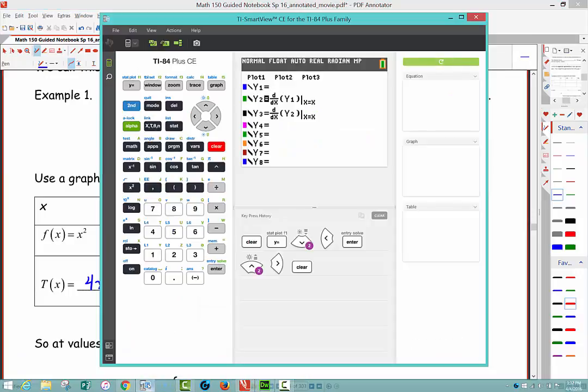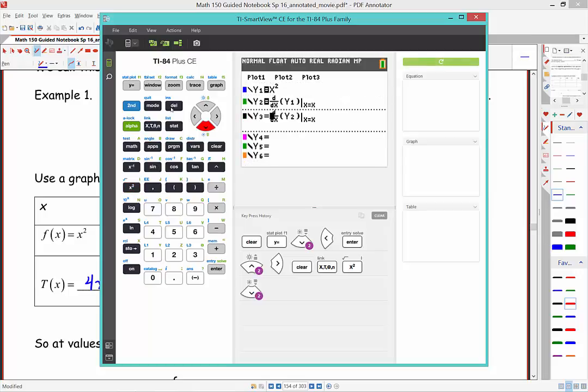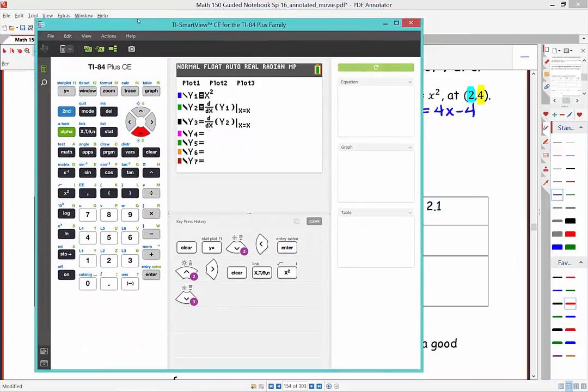First I'm going to put in our original function, which, if you recall, was x squared. Now the derivative function is the derivative for when x is equal to x. I'm also going to put in the tangent line that we found for when x was equal to 2, so that's 4 times x minus 4.